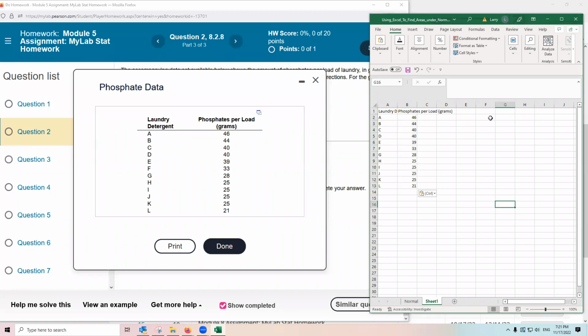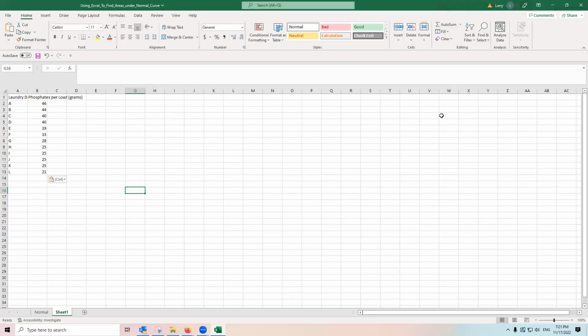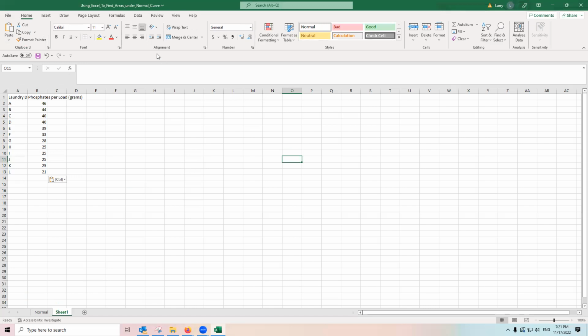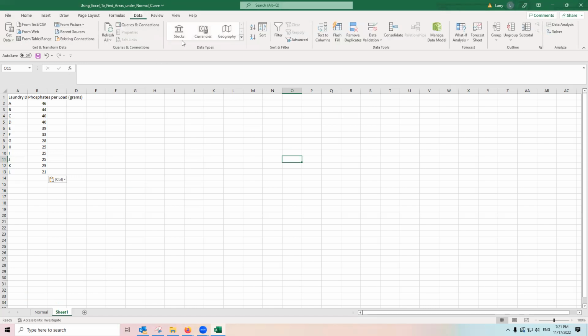Now, rather than try to calculate the mean separately, the median separately, the standard deviation separately, I can come to Excel and come up here to data. And over on the right-hand side here is data analysis.